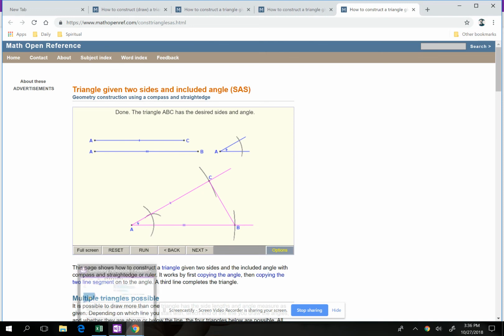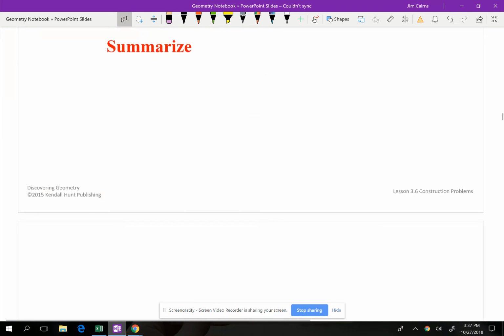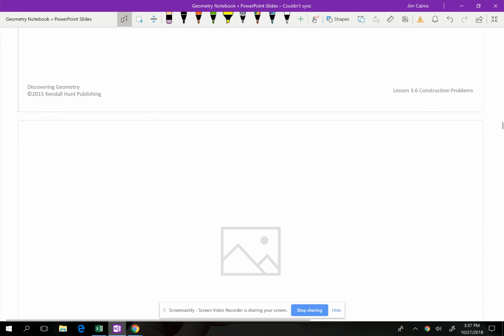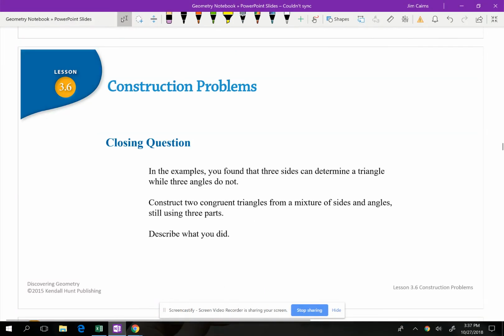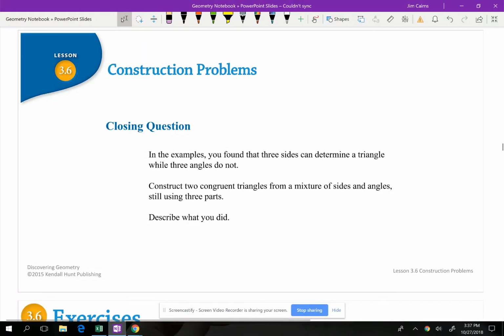Cool. Okay, so that's how to do the closing question, different constructions, different combinations of stuff. That will help you with the homework here. All right, that concludes lesson 3.6.